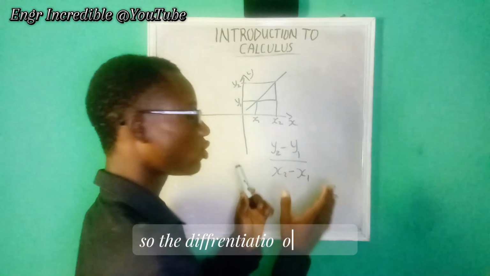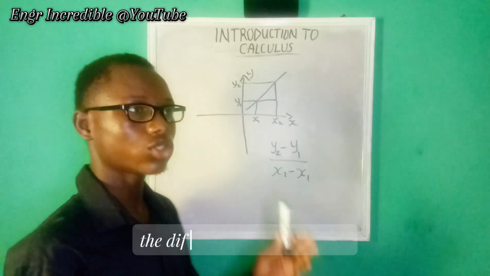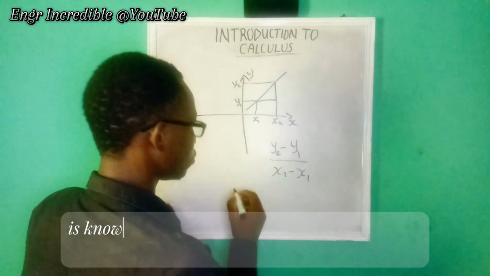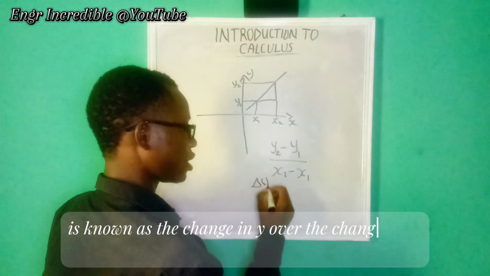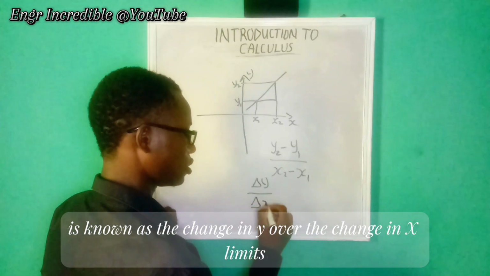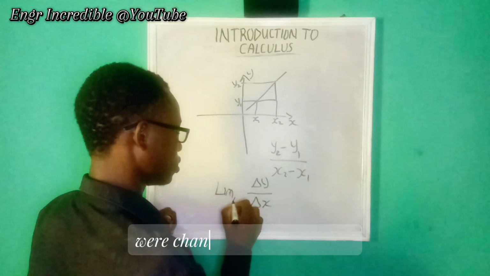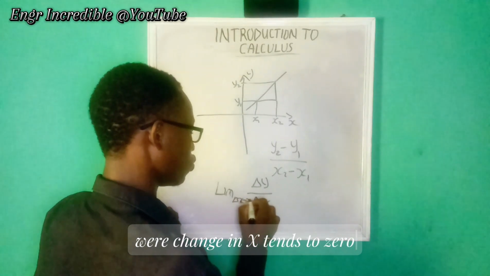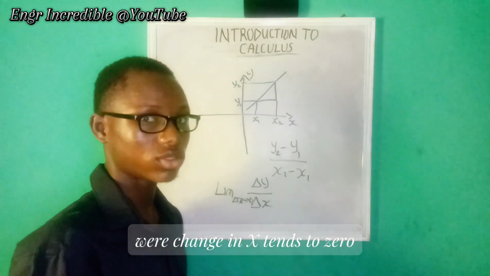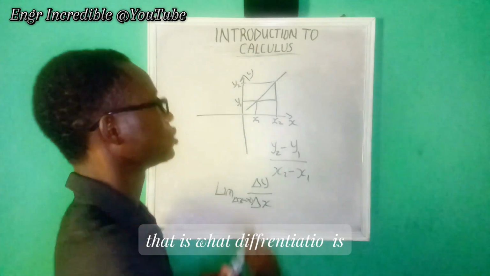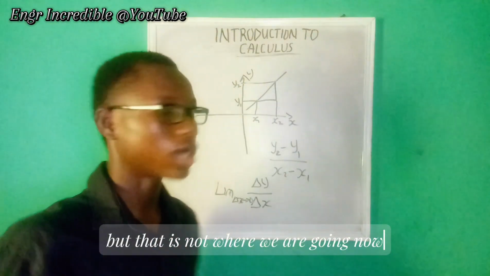So the differentiation of an equation is known as the change in y over the change in x, limits where change in x tends to 0. That is what differentiation is. But that is not where we are going.